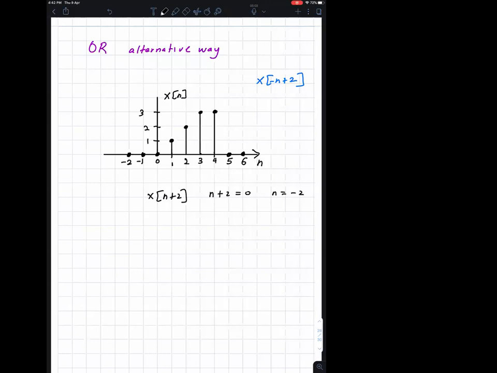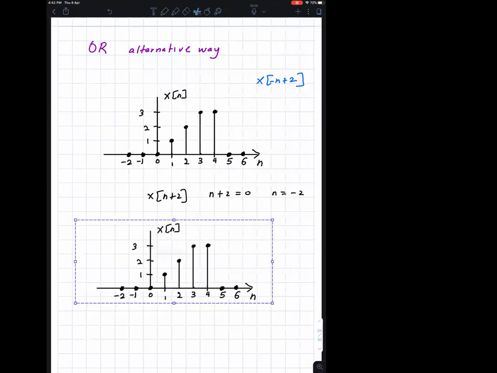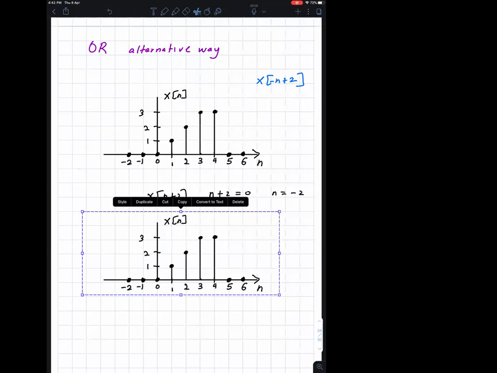Like what G said, now we can move it to the left. So now you can move everything to the left.